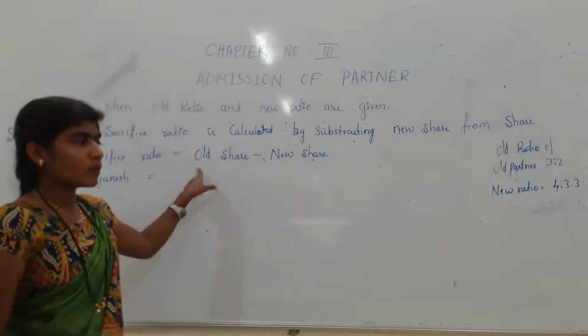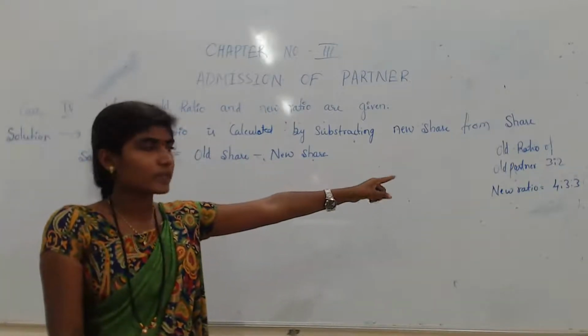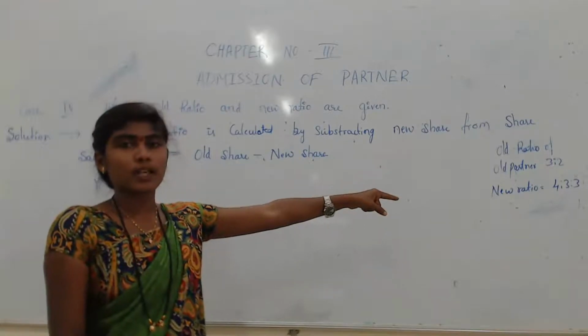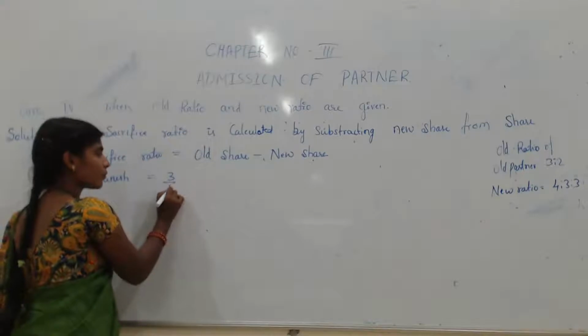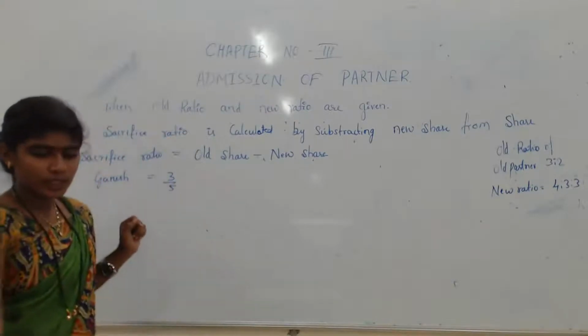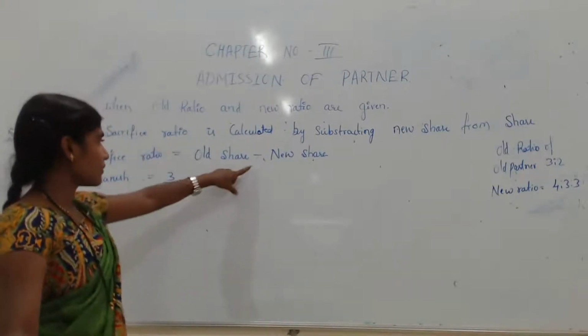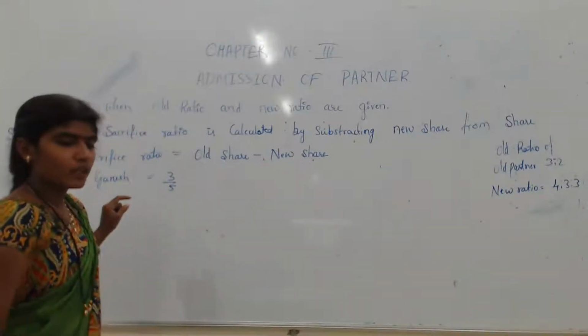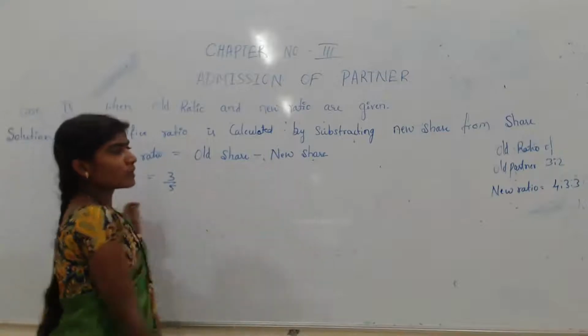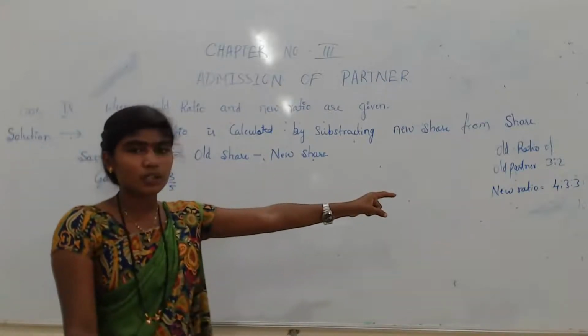Old share. What is the old ratio? 3:2. Then convert that ratio into share. 3/5. Okay, 3/5. Then after that minus, subtraction. Then what is the new share? So what is the new share of Ganesh?